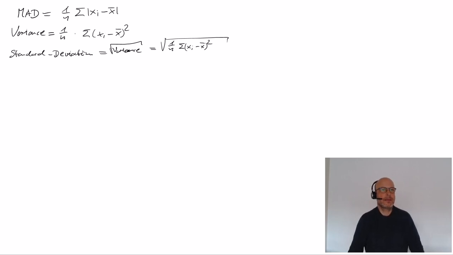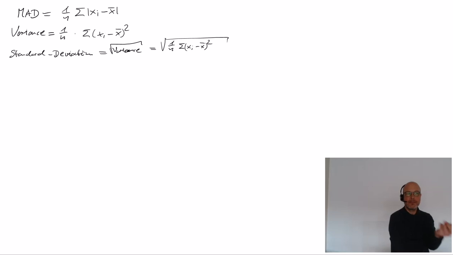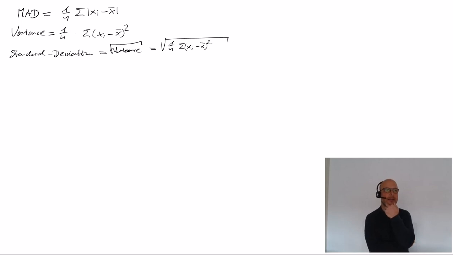And then this standard deviation is a measure for the fluctuation around the average in your data set. You want to say something like: in one data set, the data is fluctuating more than in the other.